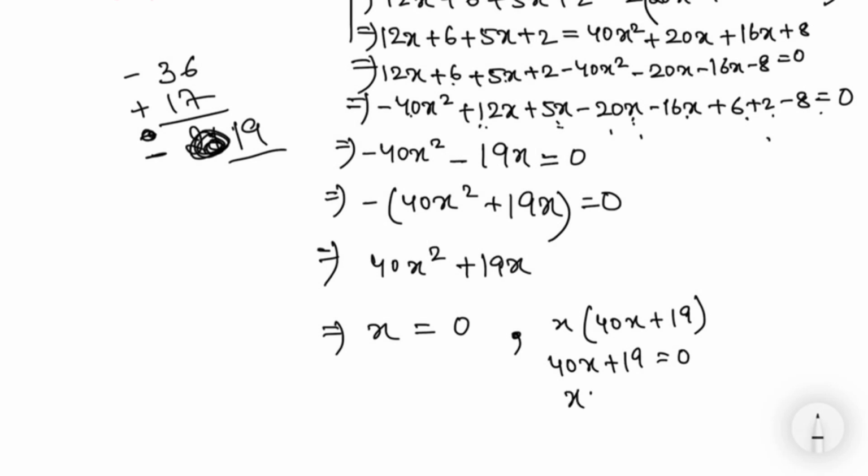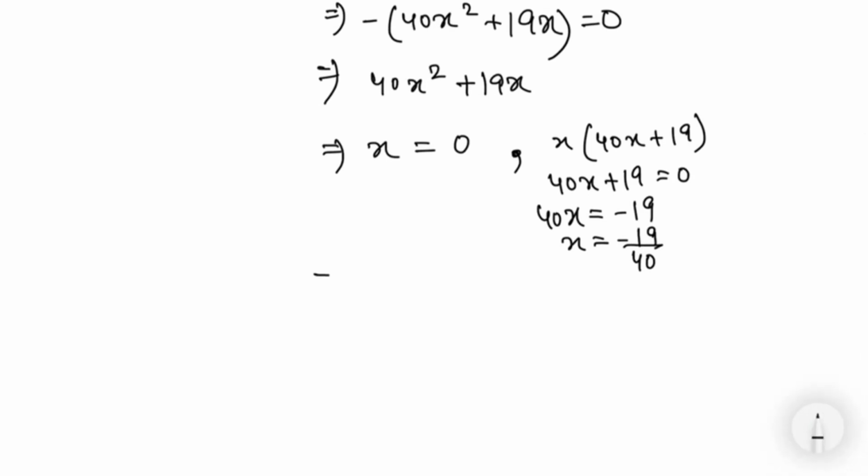So 40x equals minus 19, so x equals minus 19 over 40. So we have two values for x. One is x equals 0 and another is x equals minus 19 over 40. And that is your final answer.